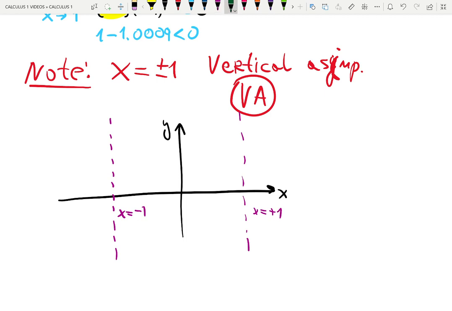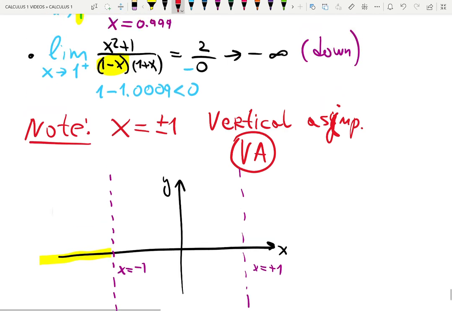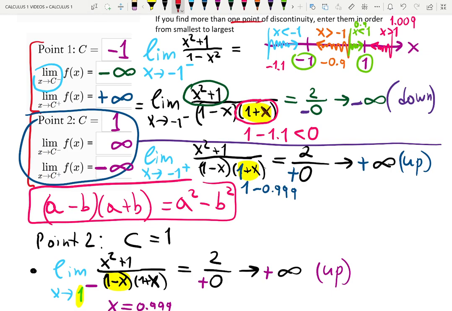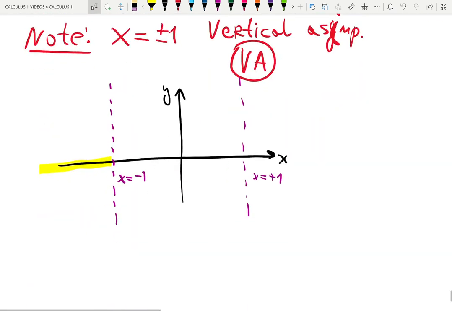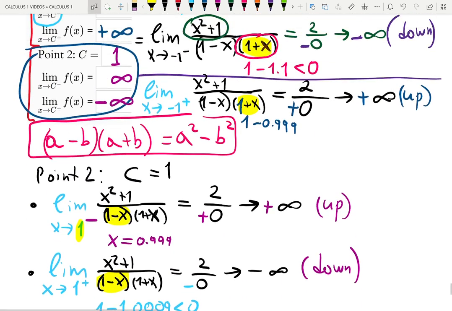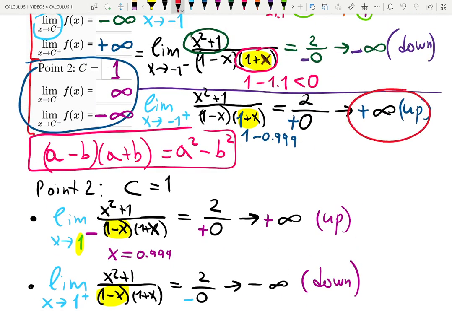On the left of -1, meaning smaller than -1, the function was going where? Up or down? Down. So the function, whatever it looks like, goes down. On the right of it, it changed its mind, and now it's going up.